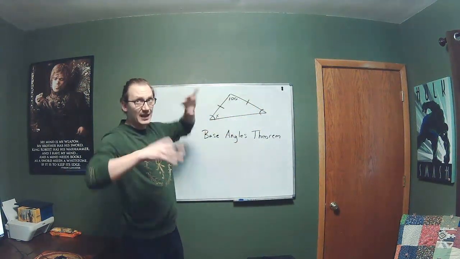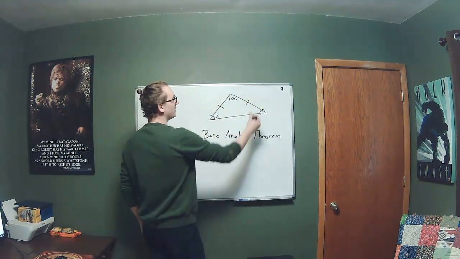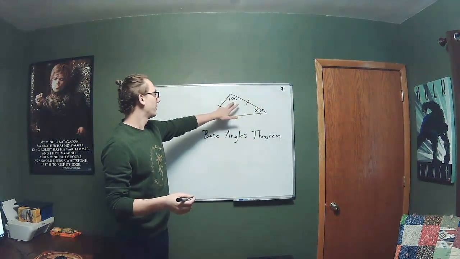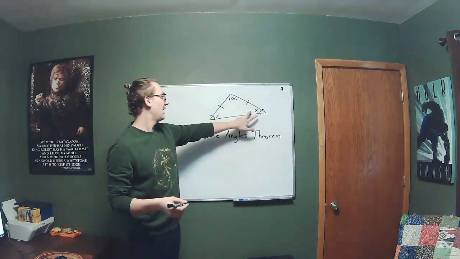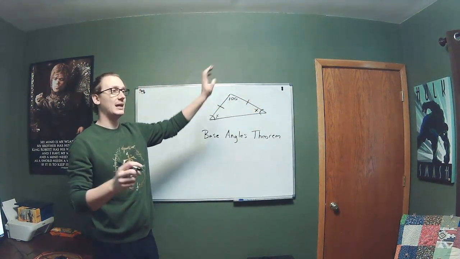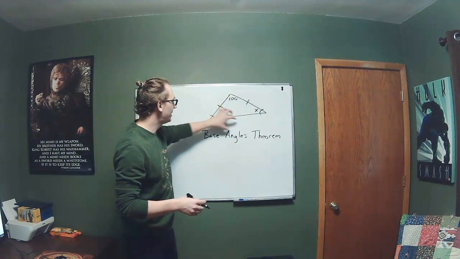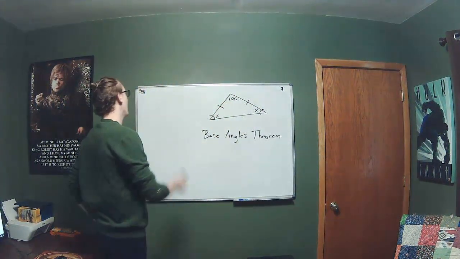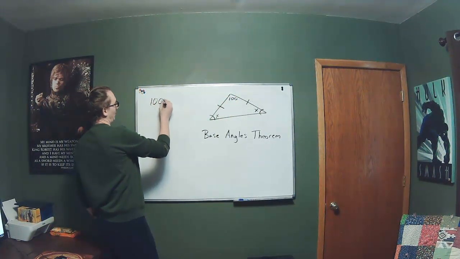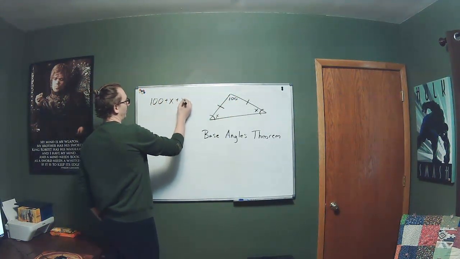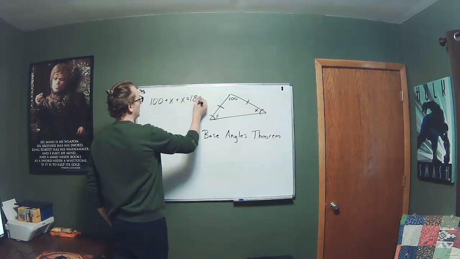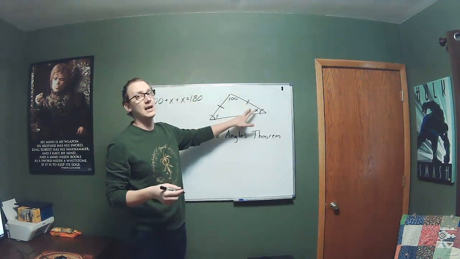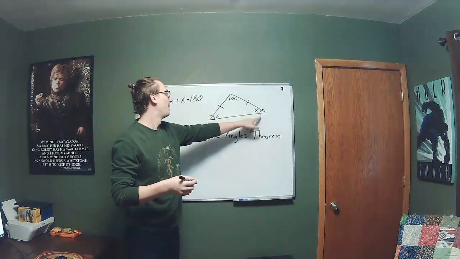So if this is x and they gave me just an x here, I know this is also x. 100 plus x plus x equals 180 degrees. Again, when you add up all the interior angles of a triangle, you always get 180 degrees. The reason we know these are both x is because I know they're the same. They only gave me this one, but I know they're the same.